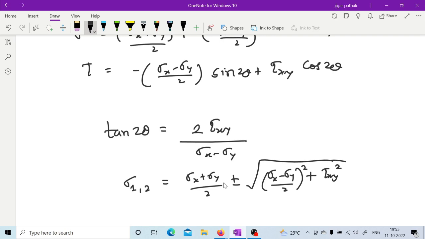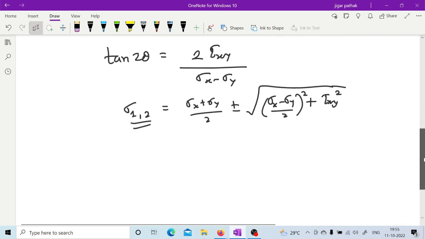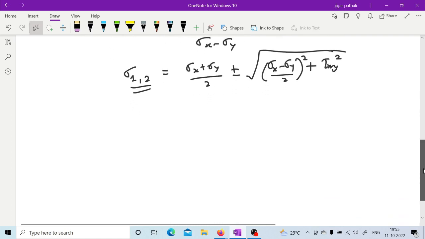So these are known as principal stresses, where shear stress is 0. These principal stresses can be calculated with these equations, at those two values of theta which will be available from the above equation of tan 2 theta.